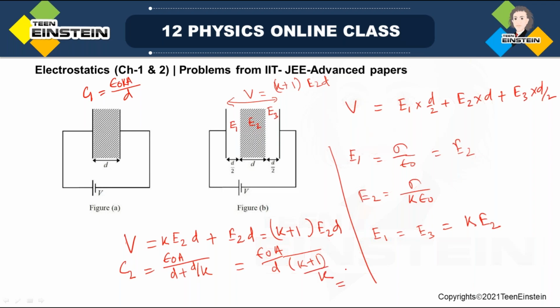So it will go here as epsilon 0 A into k divided by k plus 1 into d. I'll clean this portion and write clean here.